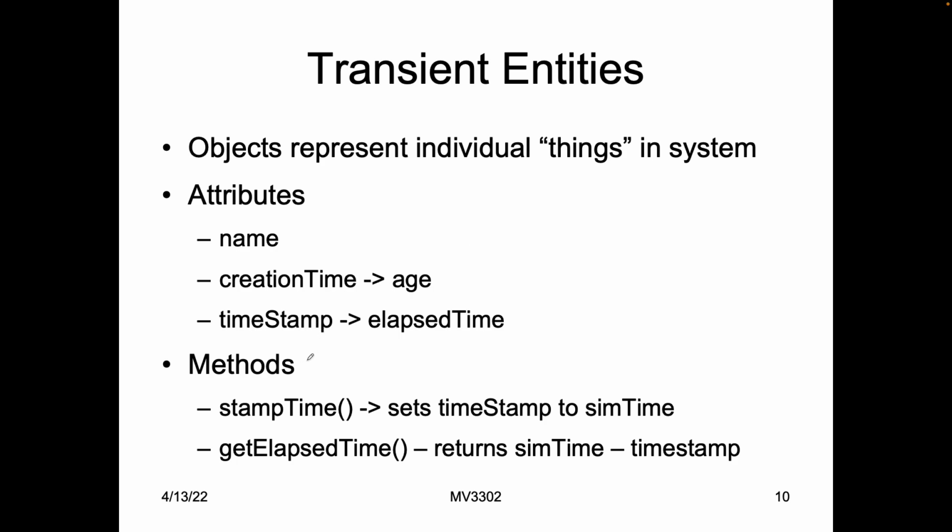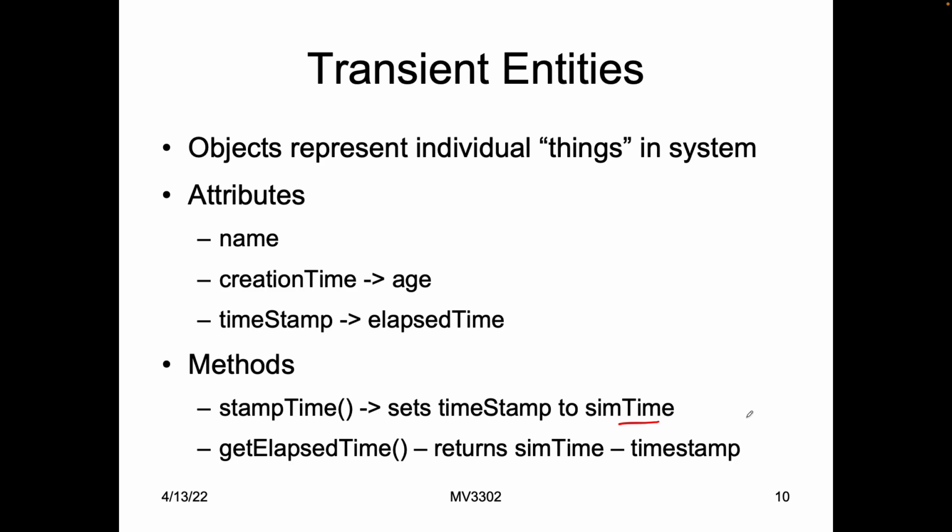And then the two methods that we have out of the box: one is called stamp time, and what that does, it's not a setter really, but it literally sets the value of timestamp to the value of sim time.